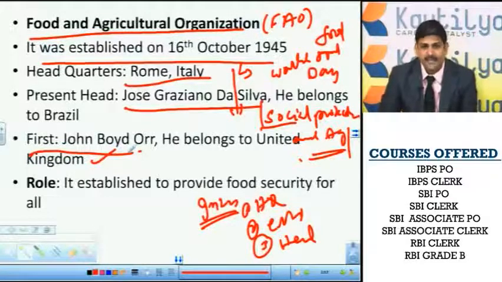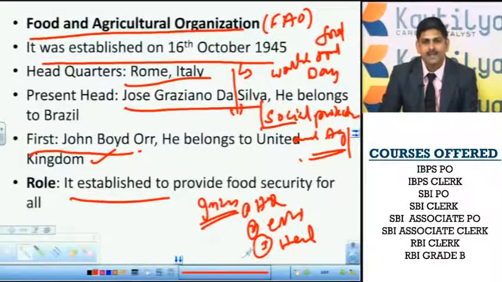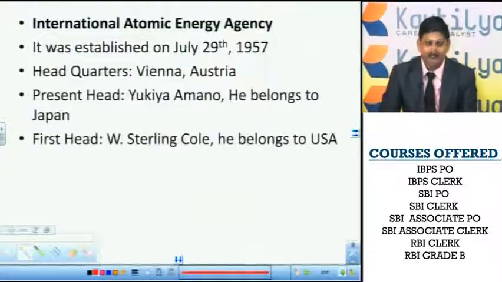As I said initially, food security is the priority of this organization. Apart from this, it also helps in agriculture patterns. It gives advice to governments and NGOs of various nations in order to ensure good agriculture, thereby good food production. So this is about the Food and Agriculture Organization.